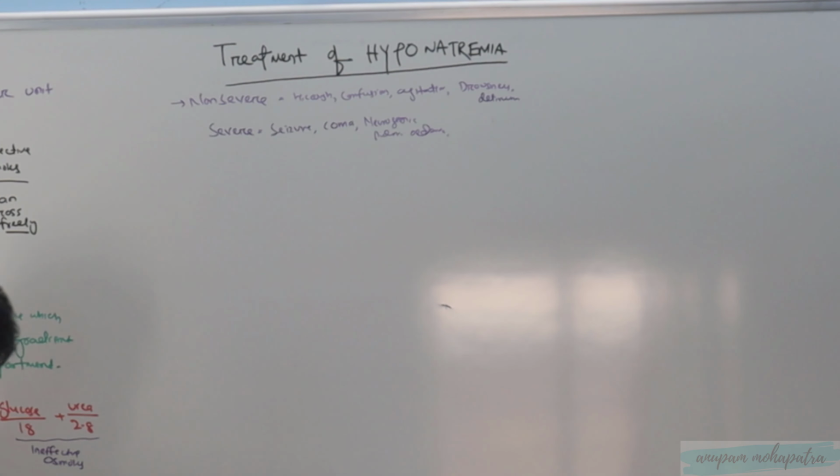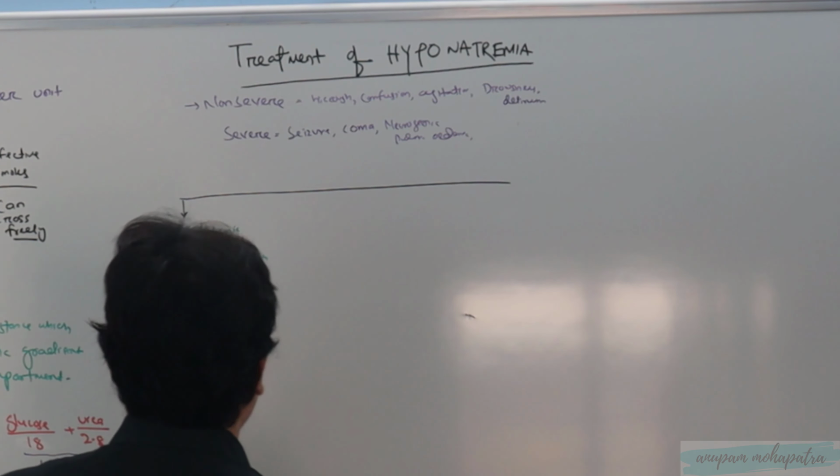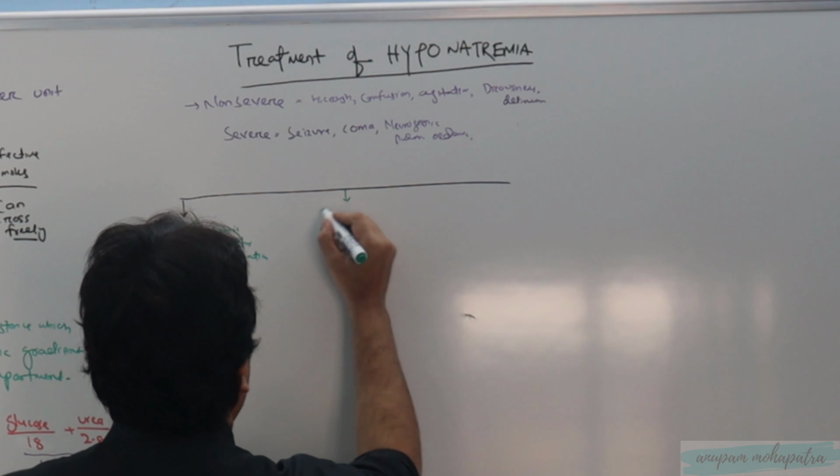So now what will be our approach to treatment? Whenever there is a diagnosis of hyponatremia, we have to divide it into 3 parts, right? For me, I'll first divide it into acute or chronic. Chronic is defined as more than 48 hours of duration, and acute is defined as less than 48 hours, right? Then there will be severity: mild, moderate, severe.